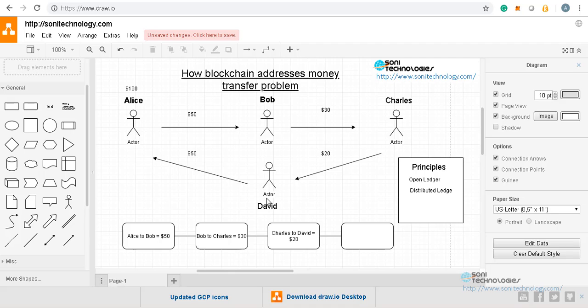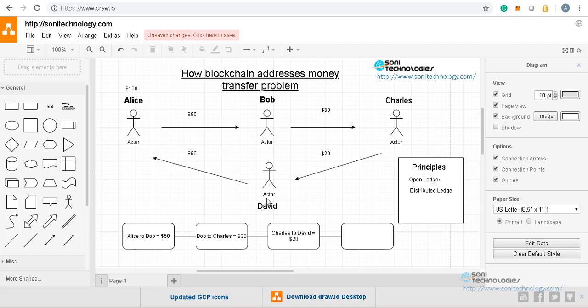Now, since we created many copies of the same ledger, it created another problem. When there are various copies of the ledger in the network, we need to make sure that all these copies are synchronized and all the participants in the network see the same version of the ledger, and this leads to the third principle of blockchain.